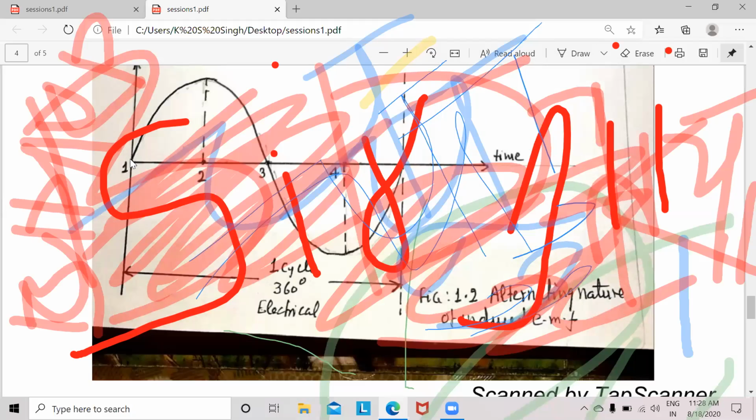When it moves from point 1 to 2, the induced voltage increases.